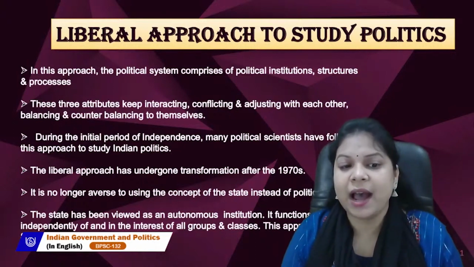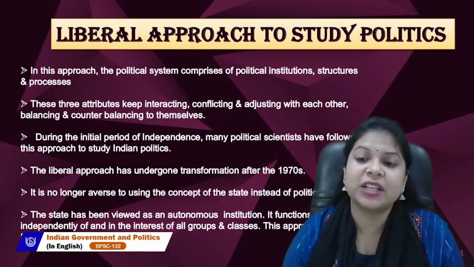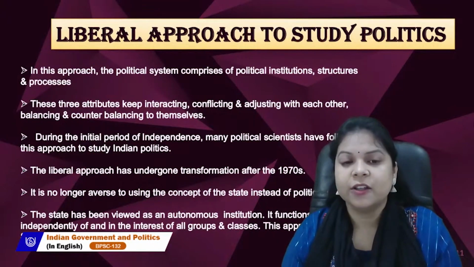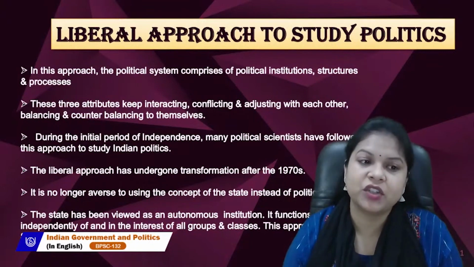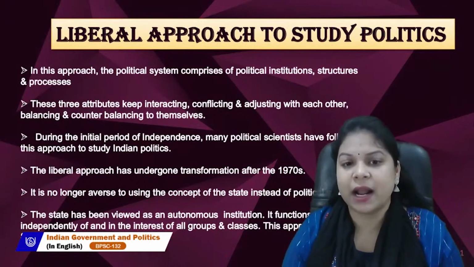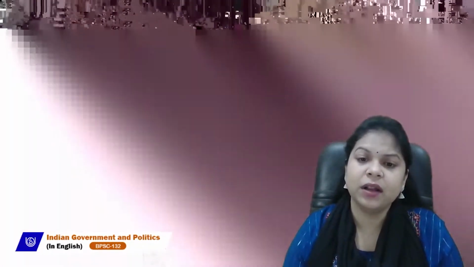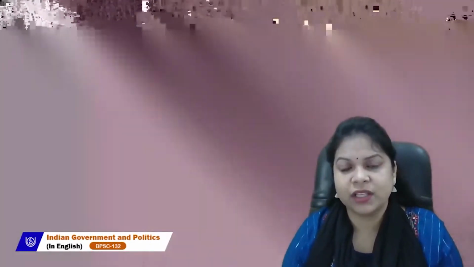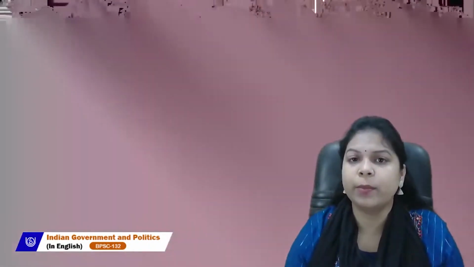So these three attributes keep interacting, conflicting, and adjusting with each other, balancing and counterbalancing themselves. They keep interacting within a system, and they also conflict with each other, and then they adjust with each other. So they keep interacting and they keep finding new ways to solve the problems.